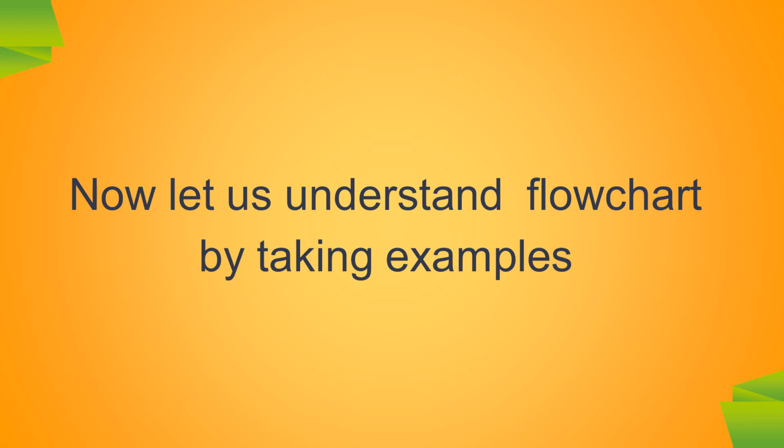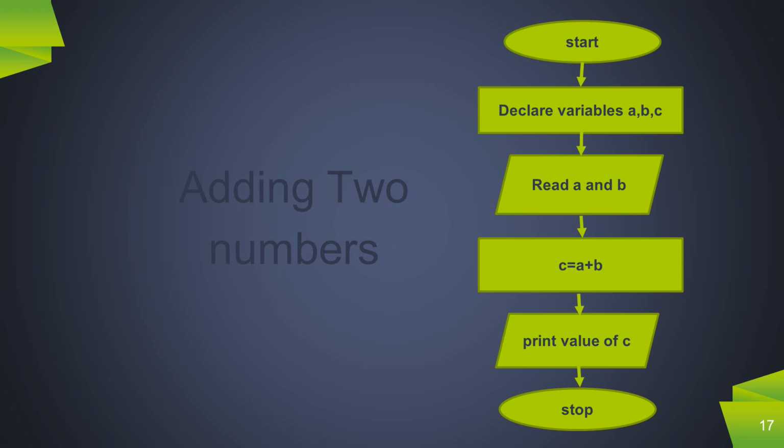Now let us understand flowchart by taking an example. In this example, we are trying to add two numbers. On the top you can see I have labeled the oval shape as start.